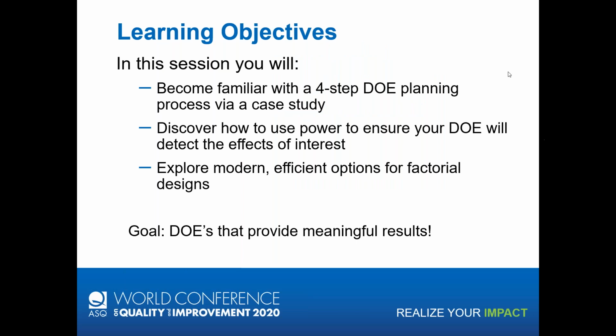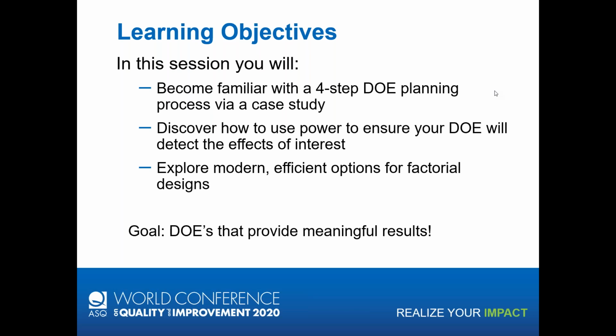So what we are going to talk about today is the 4-step factorial design planning process. I am going to run through this planning process with a case study first, and then I'll recap the steps afterwards with a few more details.